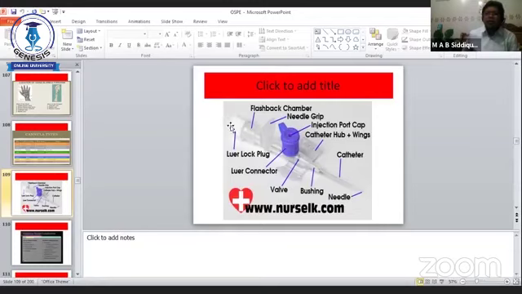This chamber connects with the saline set. So we can use the saline set, but we can also use the injection port easily. There are many other parts of the cannula.